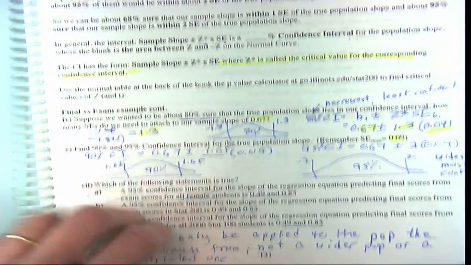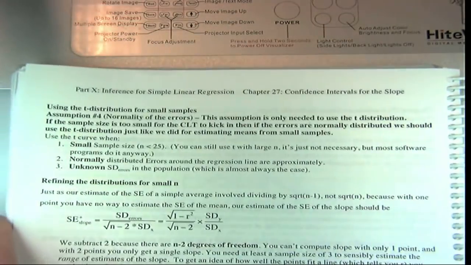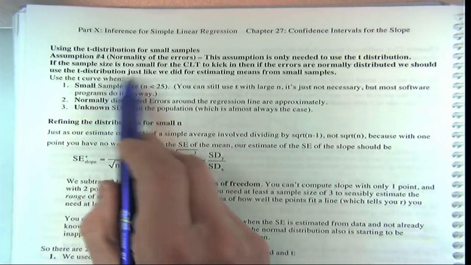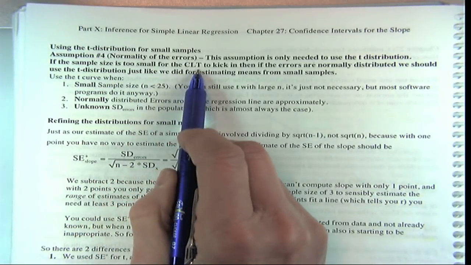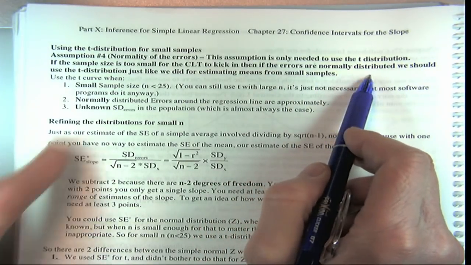But if we have a small sample, the central limit theorem might not have kicked in, and therefore we have to assume that the errors are normally distributed.